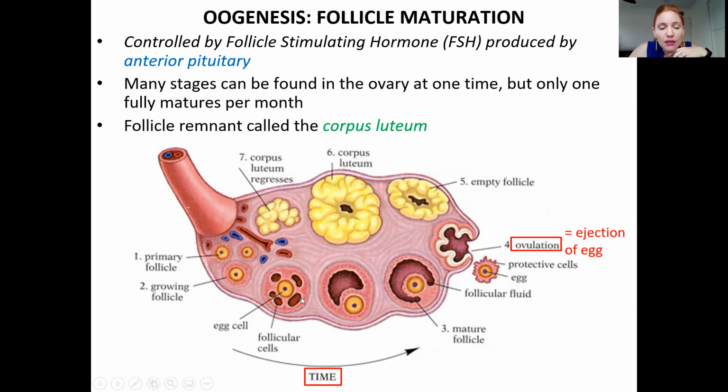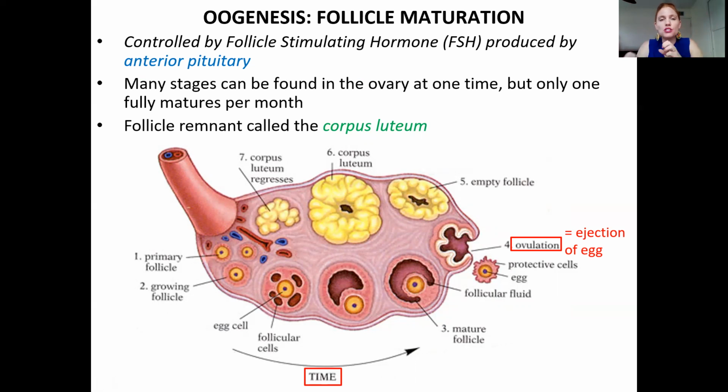As it develops inside of those follicles, it grows a space called an antrum, and so the oocyte gets pushed off to the side, and as it matures, it gets bigger and bigger, and when it's ready, it will be ovulated.